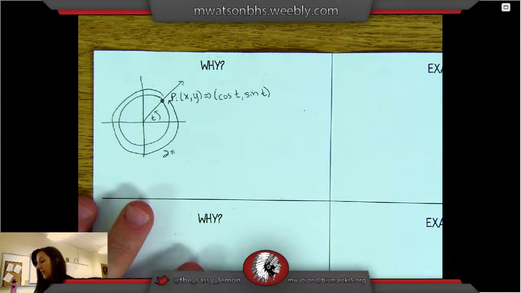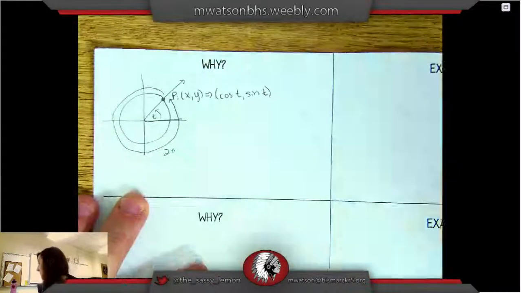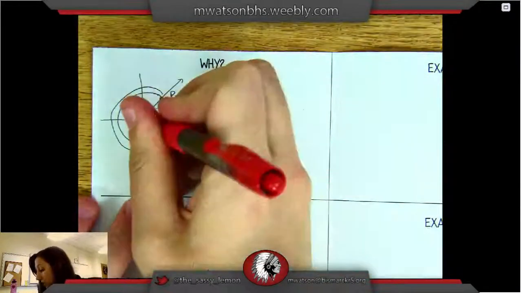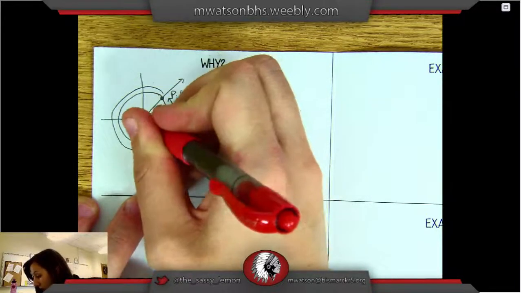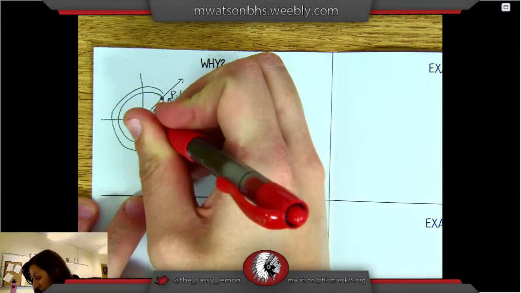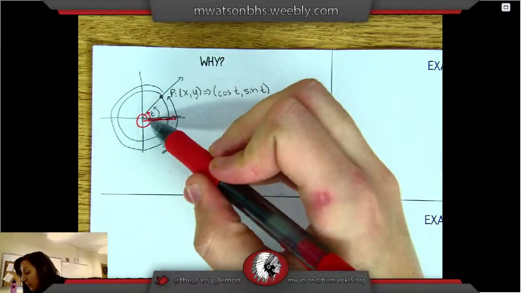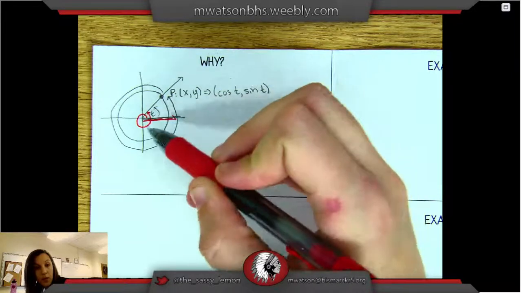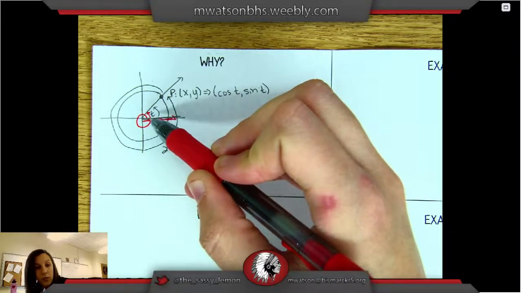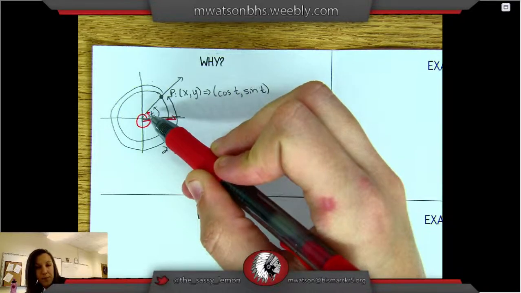which means that if we thought about the angle from here, I'm maybe going to do it in red, from here all the way around, how far did we go? Well, we made one full rotation and t more. So we just went 2 pi plus t.